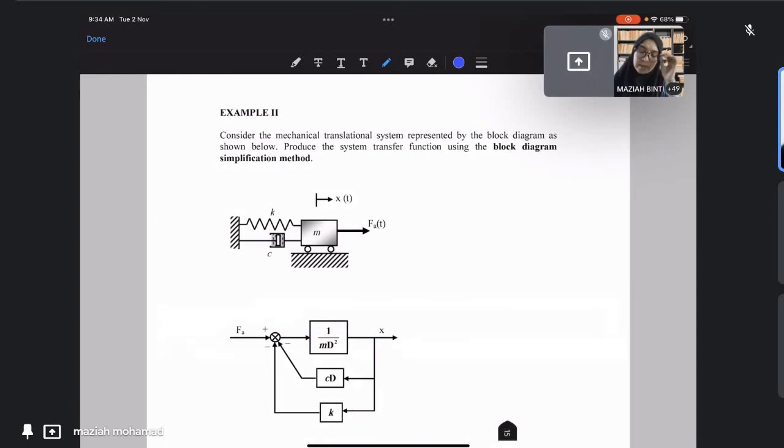So let's do this example here. In this example, it will show you how to use the equation for a feedback loop.